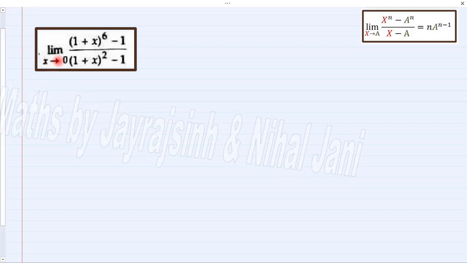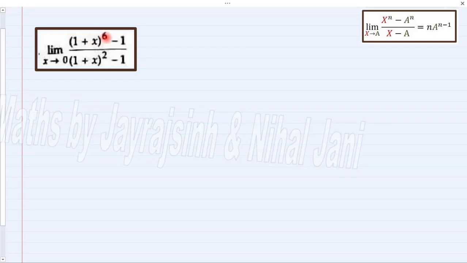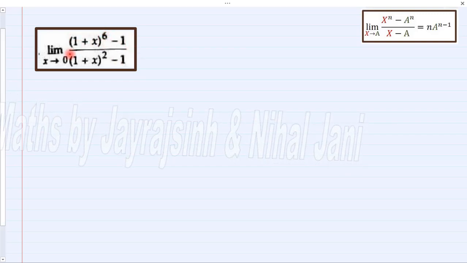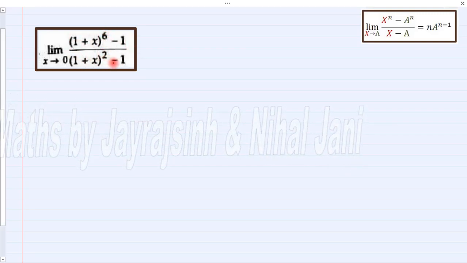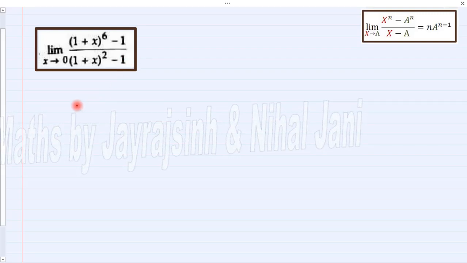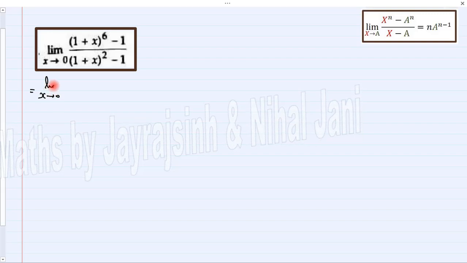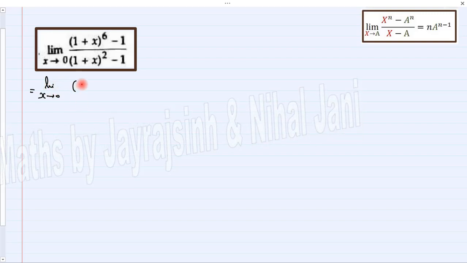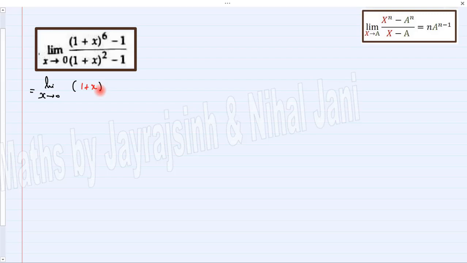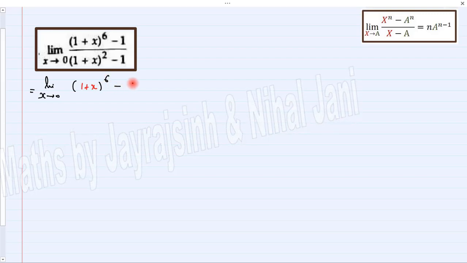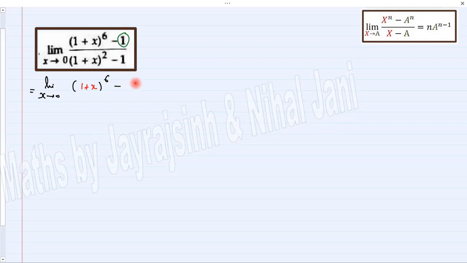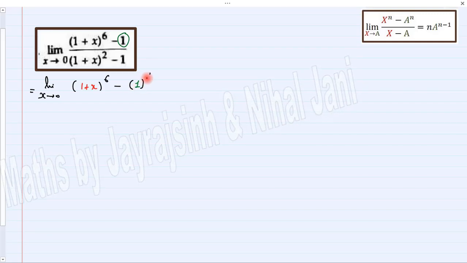In this question, we have the limit x tends to 0 of (1 plus x) raised to 6 minus 1, upon (1 plus x) raised to 2 minus 1. Now, if we talk about the numerator, we have (1 plus x) raised to 6 minus 1, and this 1 can be rewritten as 1 raised to 6.